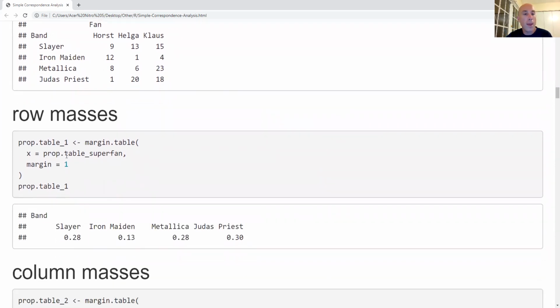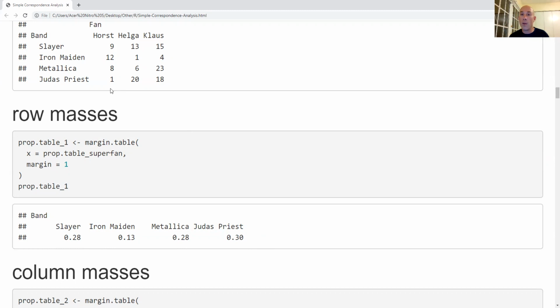All right, so now if I take the proportional table and I want to look at the margins with respect to the first dimension, the rows, those are the bands. Here we can see the proportion of times that it's Slayer, Iron Maiden, Metallica, Judas Priest. This is the proportion of times that one of these three went to one of these four bands. Now, in this analysis, we could have had Horst, Helga, and Klaus at the same concert.